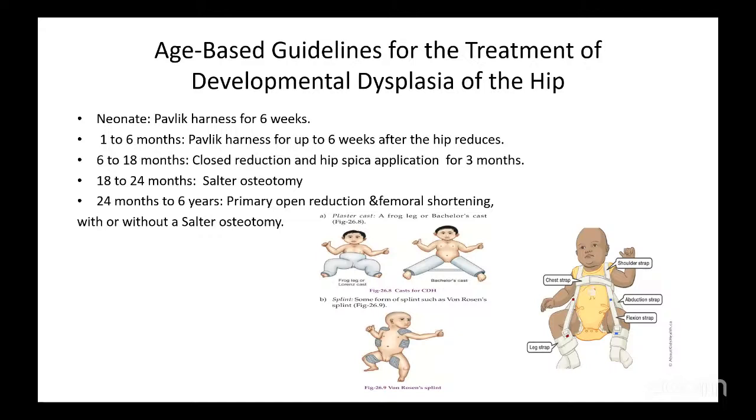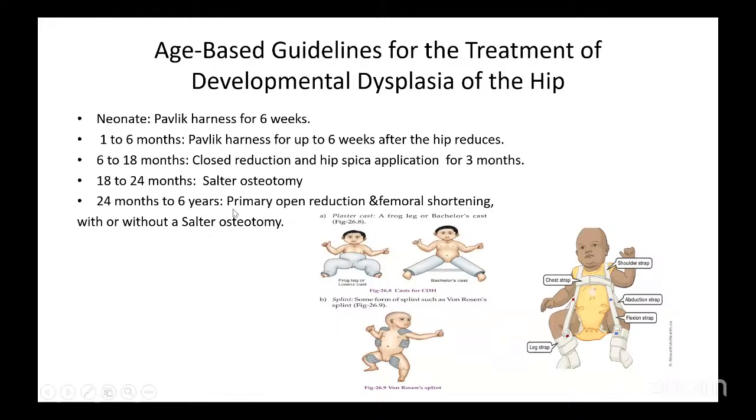So in a shallow acetabulum, we will go for a shelf osteotomy. We will create an acetabulum by doing the osteotomy of the pelvic bones. If the acetabulum is okay and the femoral head is not contained well, we will do femoral shaft osteotomy, rotational or a varus osteotomy to put the femoral head inside.